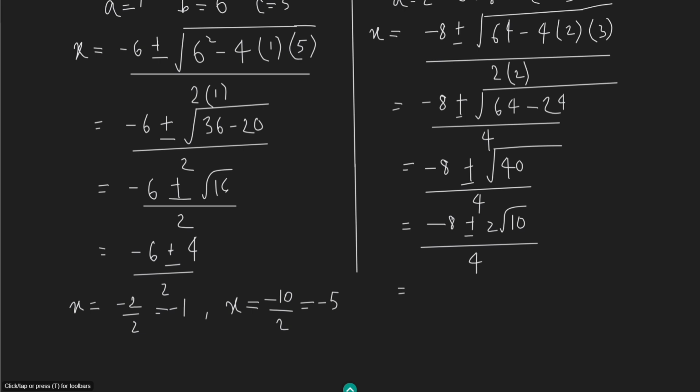Now we can simplify this and write it as minus 2 plus or minus the square root of 10 divided by 2. So this is the solution using the quadratic formula. So x is equal to minus 2 plus or minus root of 10 over 2.